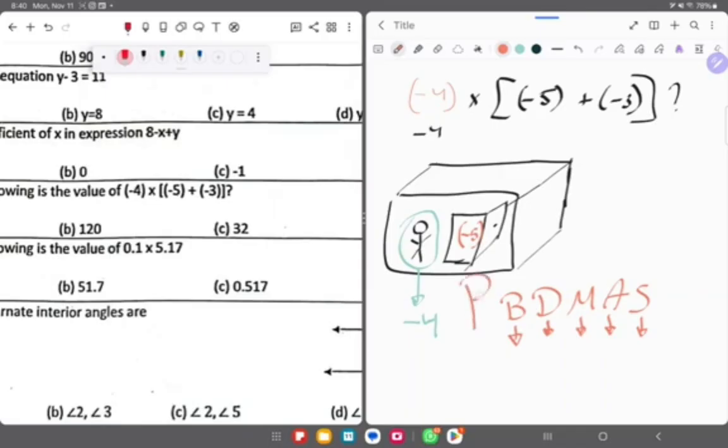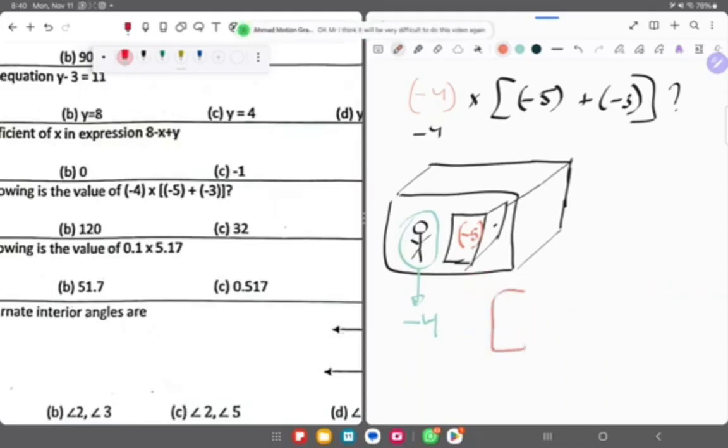We learned that the big brackets are first, so we deal with the big brackets first. So -5 plus -3, I need to do this first. This is multiplied by the -4.